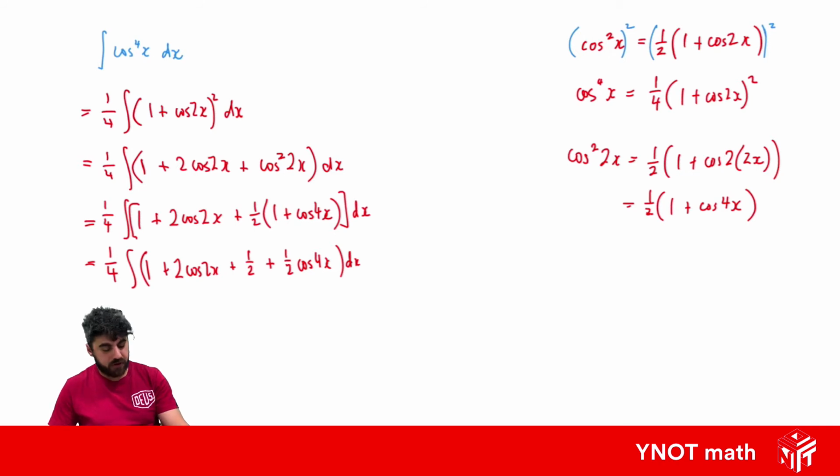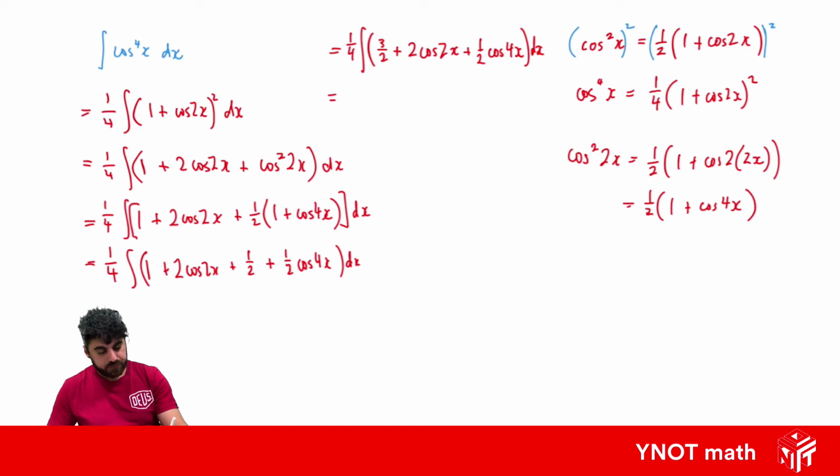We can integrate all of these terms. You can tidy it up a little bit more by adding the 1 and the half, so we get a quarter times 3 on 2 plus 2 cos 2x plus a half cos 4x, all with respect to x.